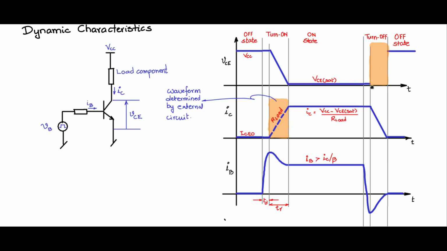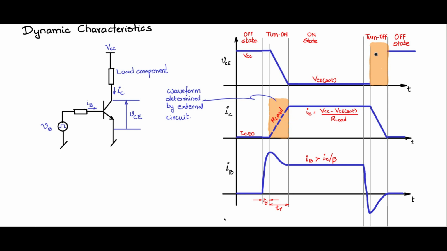But during this transition, the waveform for the voltage is dependent on the external circuit. If there is an inductive load, then a sudden break in the current means di/dt is very high. So with L di/dt, there can be a large inductive voltage kick, and this would be reflected in VCE, and it can be pretty high.